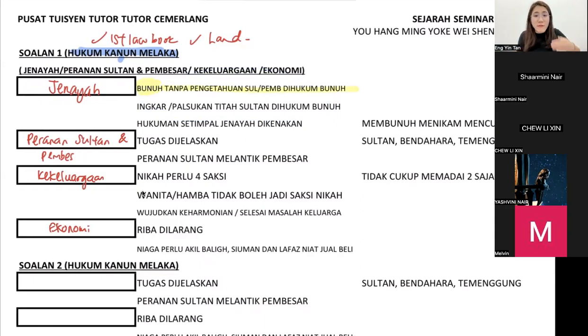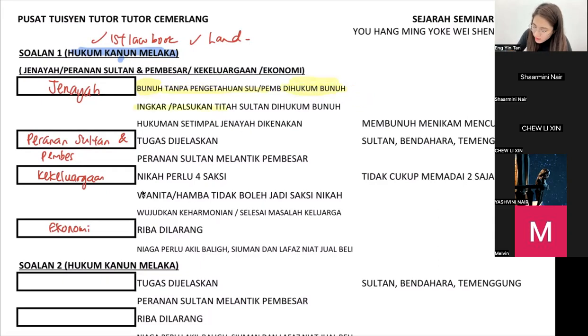So anyone who is involved in this activity will get punishment. And remember, guys, last time, only the sultan and the pembesar had the power to punish people, to kill people. So if any one of us is involved in this action, sorry, dihukum bunuh. This is the punishment here. Hukum bunuh.